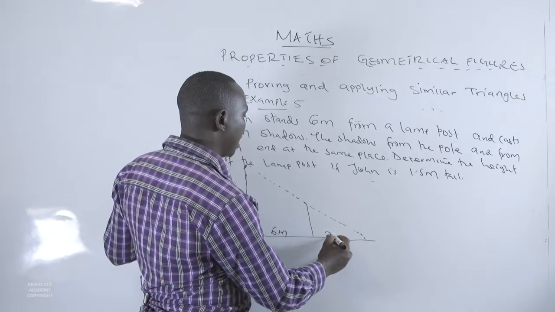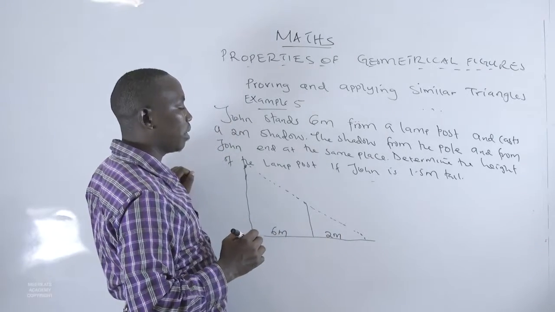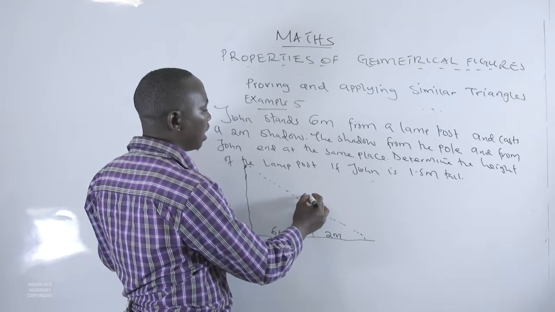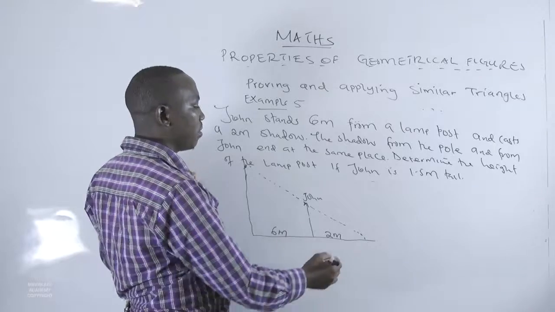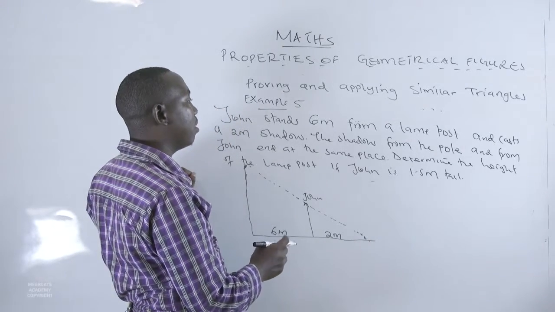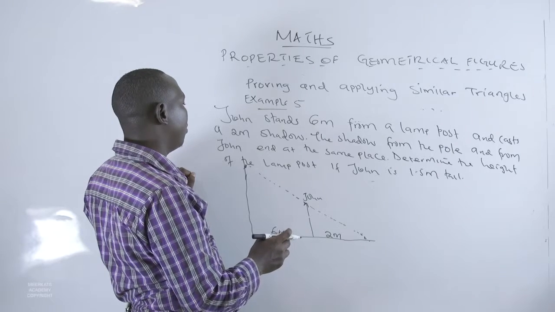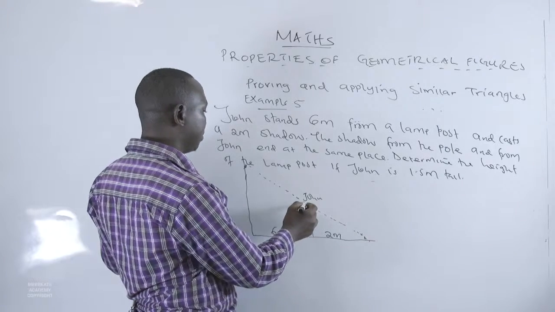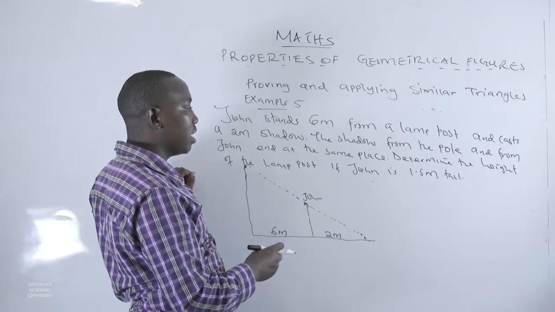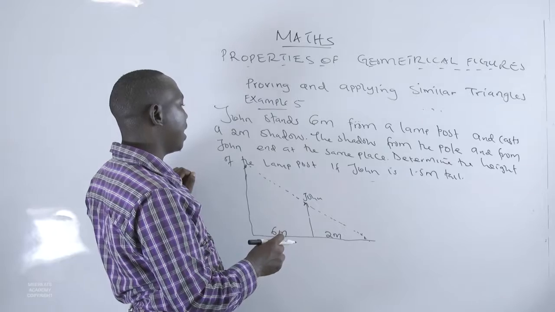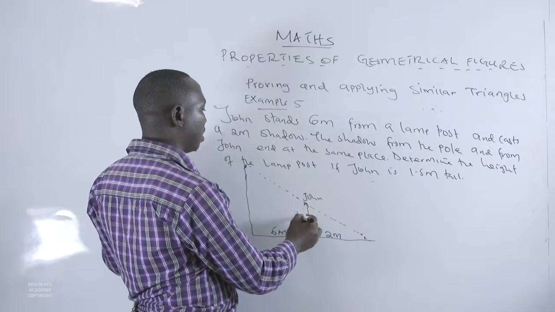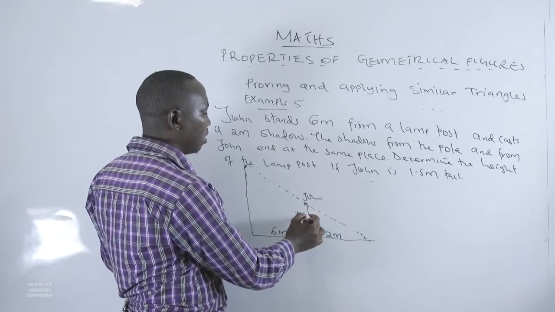And we are told that the shadow this John is going to cast is 2 meters. We are also told that the shadow from the pole and from John end at the same place, therefore determine the height of the lamp post, given that John is 1.5 meters tall.